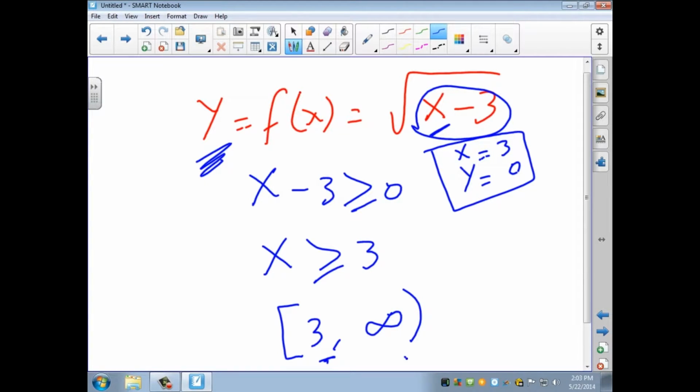So the range of this function would be from 0, that is when x is equal to 3, it would be 0 to infinity. This is the range. This is the domain here.